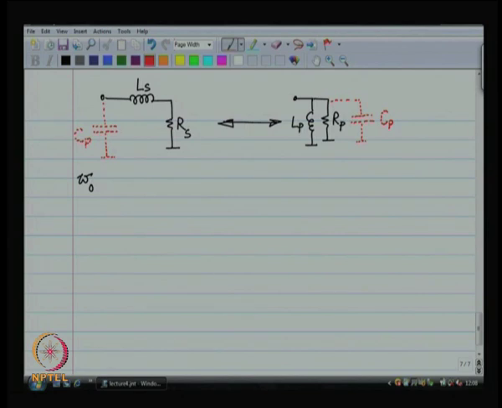Okay. So, it is not yet there in the circuit, but I am going to choose omega 0 to be the resonant frequency of Lp and Cp. Okay. Now, given that information, what is the Q, the quality factor of my parallel RLC network?